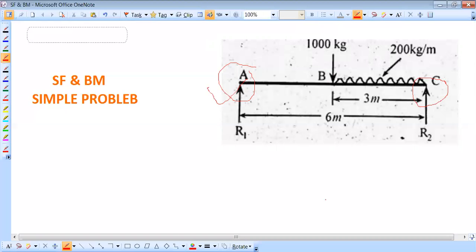Let's see. First of all, we find out the reactions, meaning R1 in the upward direction and R2 in the upward direction.